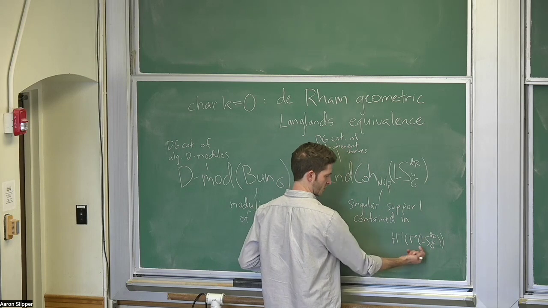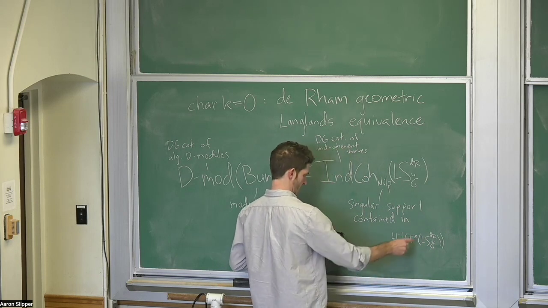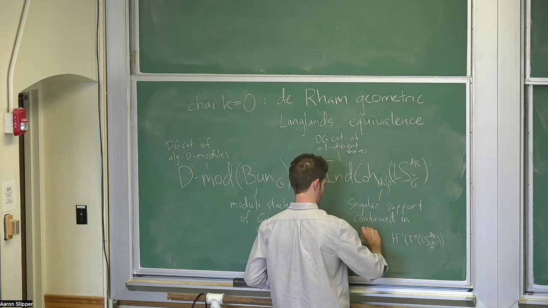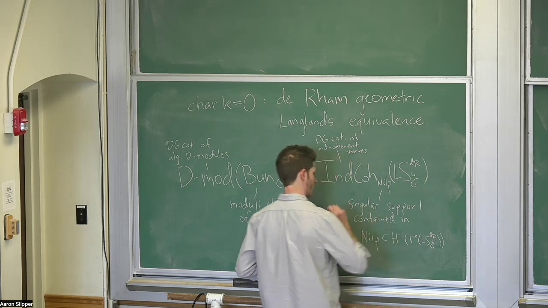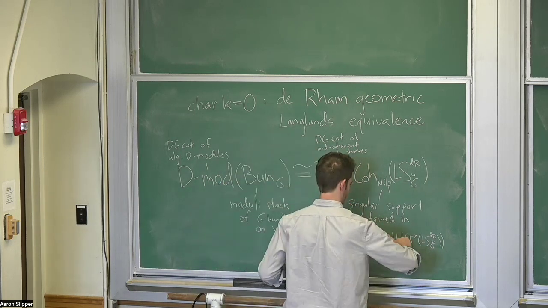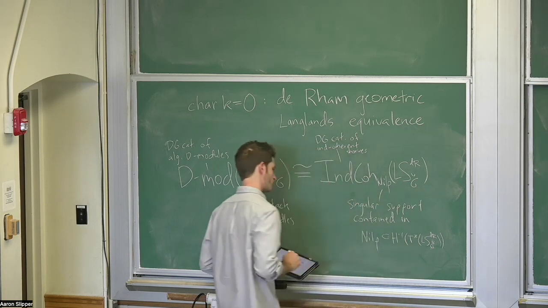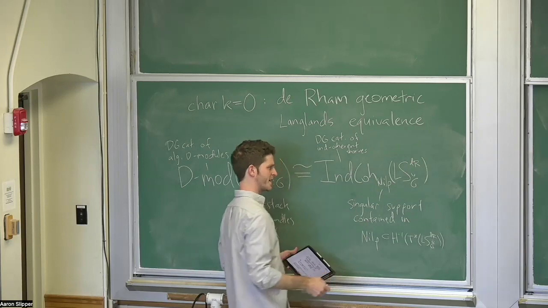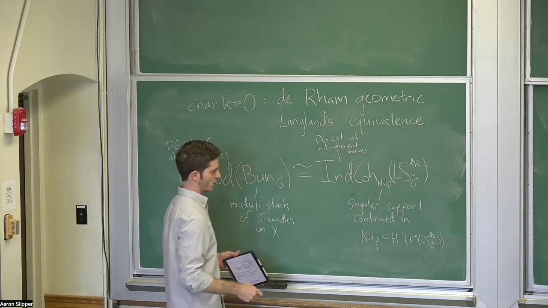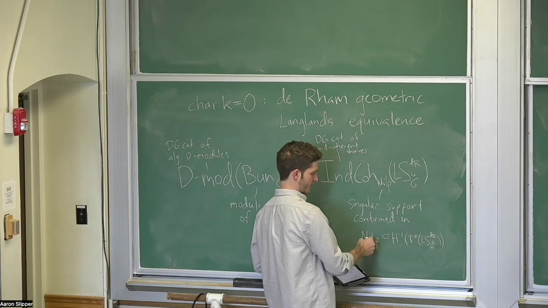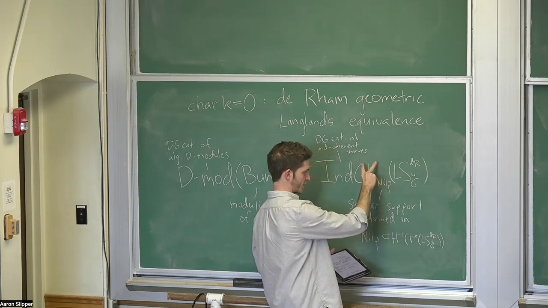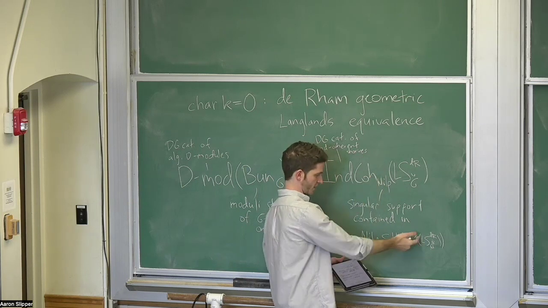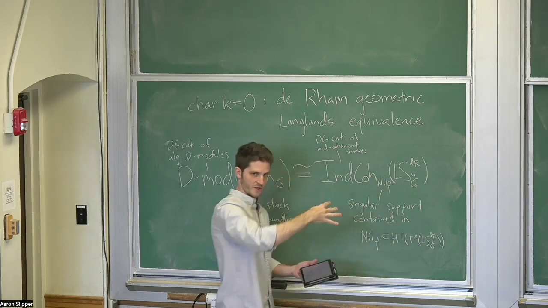If I take H^-1 of that, it's basically like a vector bundle over the locus, and there's a special conical locus inside of it called the global nilpotent cone. So we impose the singular support condition. This has something to do with the behavior of coherent sheaves near the singularities of the locus. If I took this to be the zero section, the singular support condition would shrink this down to quasi-coherent sheaves, which is strictly smaller. If I had the entire thing, there would be no singular support condition. This is somewhere in between.